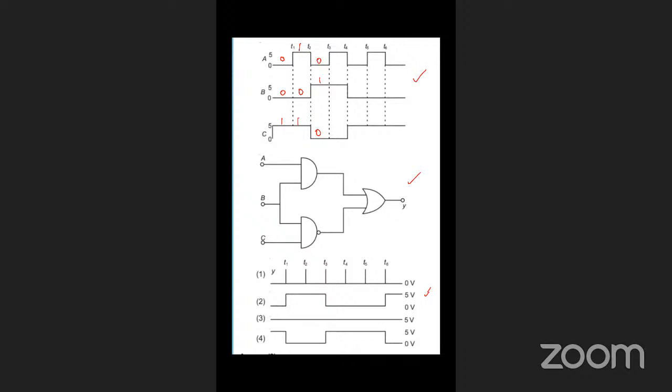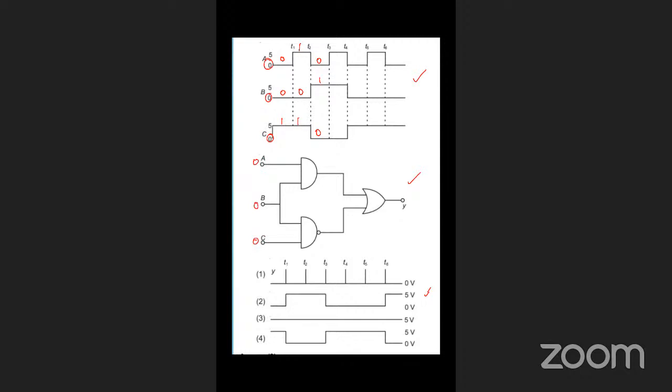For the first option, we have to take the lower value. So from the starting value, everything should be 0. So you have to substitute 0 values for the three inputs.